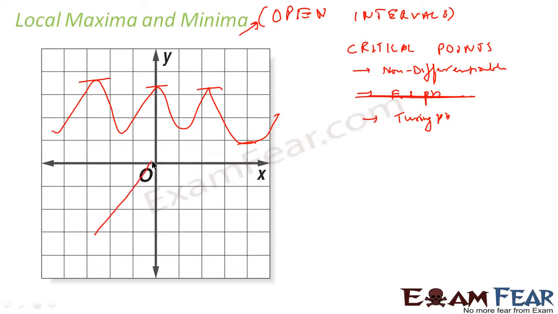Or if I have a function like this, in this case, if you see this point, it is not differentiable. It can have the maxima or minima at such points. So only 2 points, either non-differentiable points or turning points. So local maxima and minima can happen at 2 points, non-differentiable and turning points. Correct? Because for local maxima and minima we're talking about open intervals, because there are no fixed intervals. This is all open intervals.